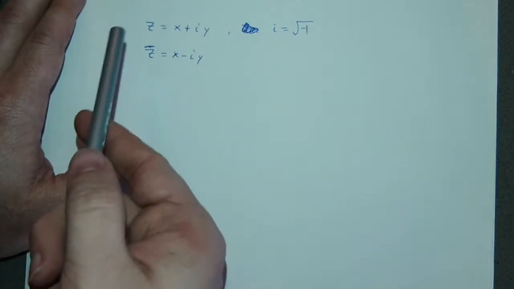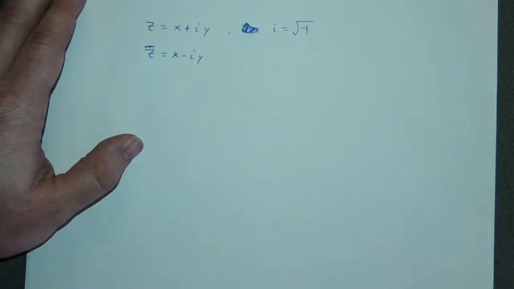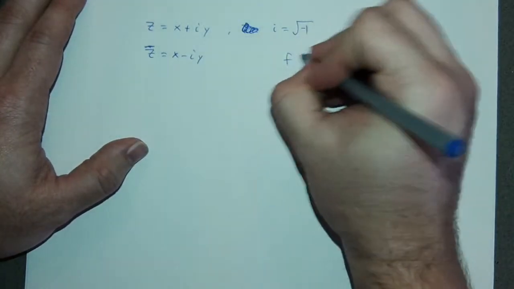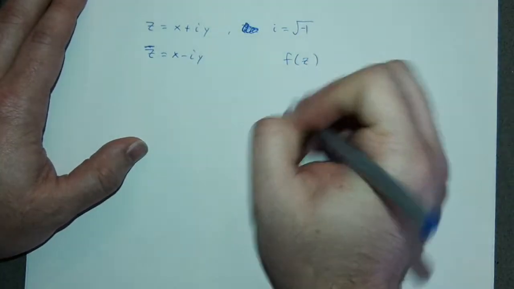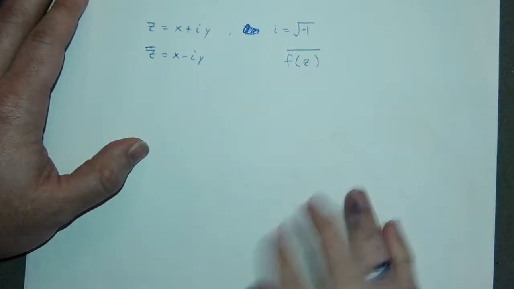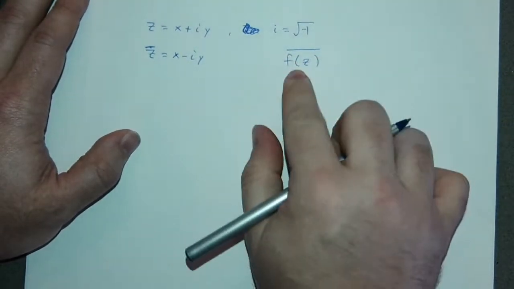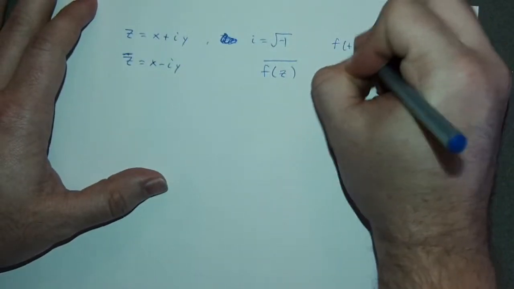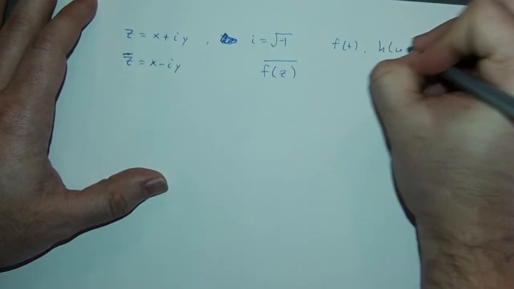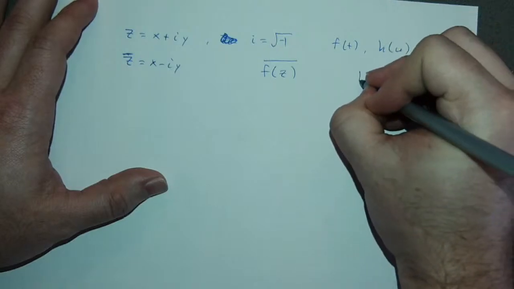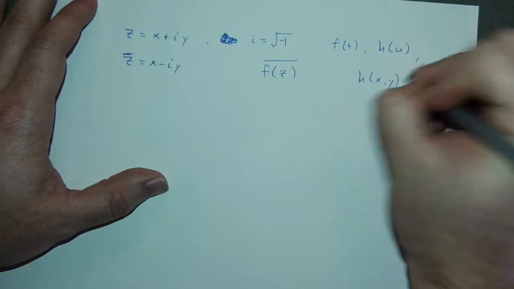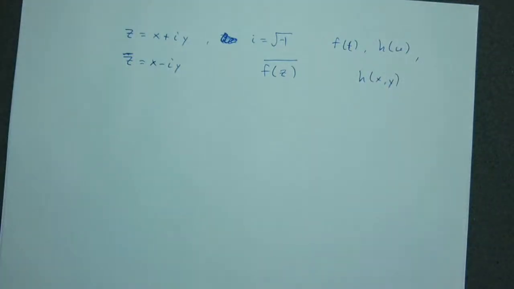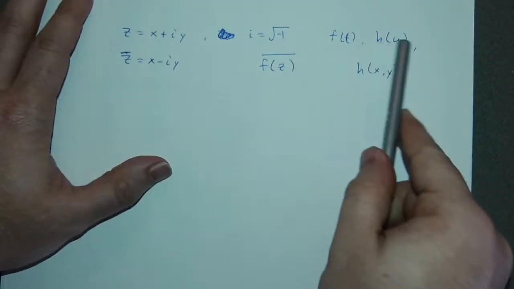That's it. This is called the complex conjugate. Okay, and to complex conjugate anything, you put a bar over it. And that's true for complex valued functions as well. So if I have a function f of a complex variable, then I can talk about the complex conjugate of that function. I put a bar over it, okay? And just like we do, right, when I have a bunch of functions, f of t, h of u, h of xy, when you have functions that have arguments, that have variables you're plugging in, when you're writing that a lot, you don't always want to just keep writing this stupid variable.